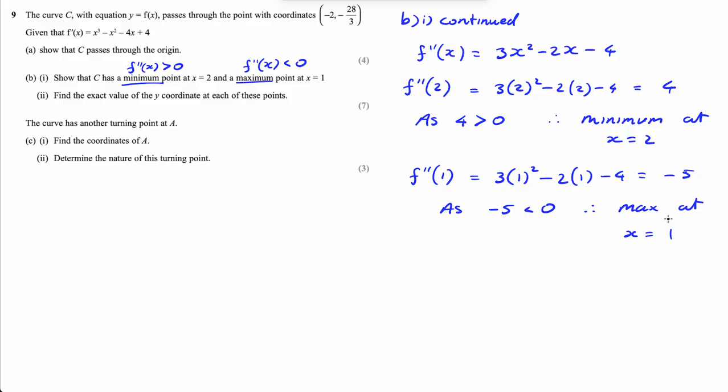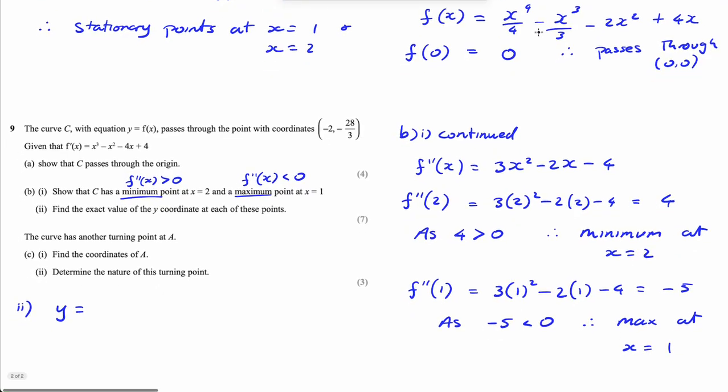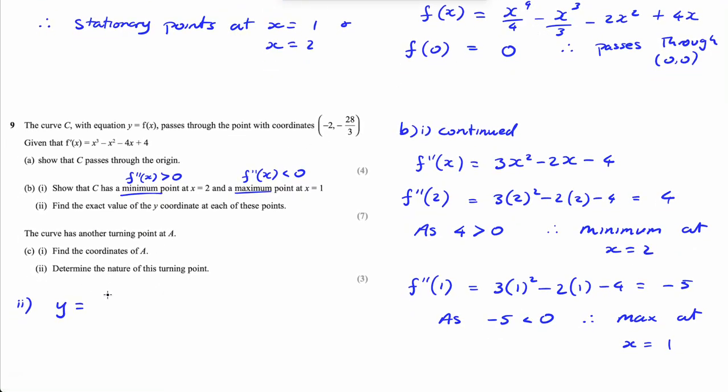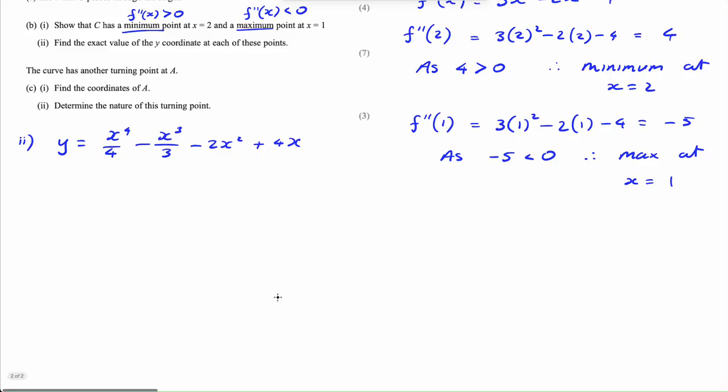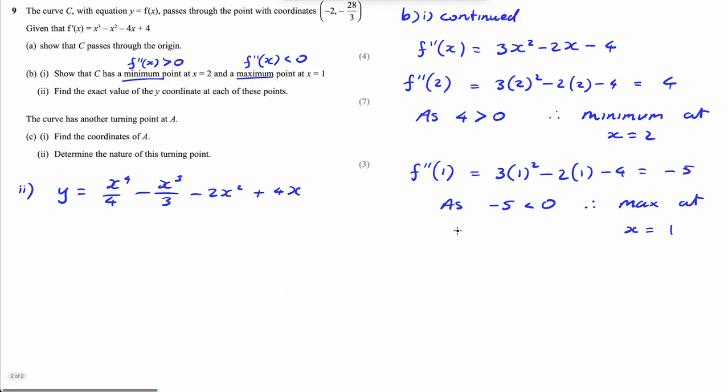Then he says find the exact value of the y coordinate at each of these points. So let's go to part II here. We know y, or f of x, is equal to x to the 4 over 4 minus x cubed over 3 minus 2x squared plus 4x. So let's get the y coordinate at 2 and 1.